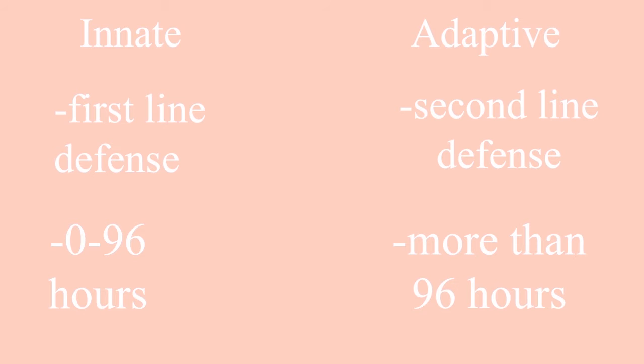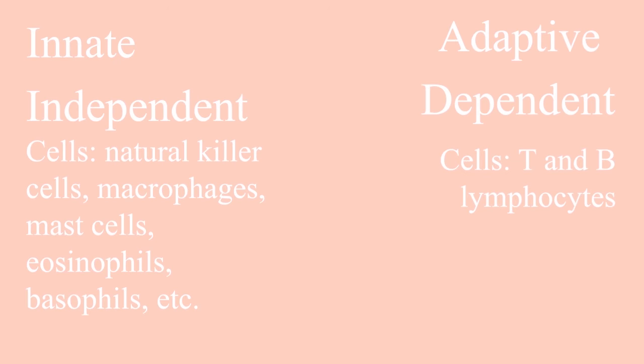This is because adaptive immunity needs time to identify specific characteristics on pathogens that they have met. It is also because the effect of adaptive immune response is long-lasting, highly specific, and is sustained long-term by memory T cells. The third difference is on antigen dependency, whereas innate is independent and adaptive is dependent.